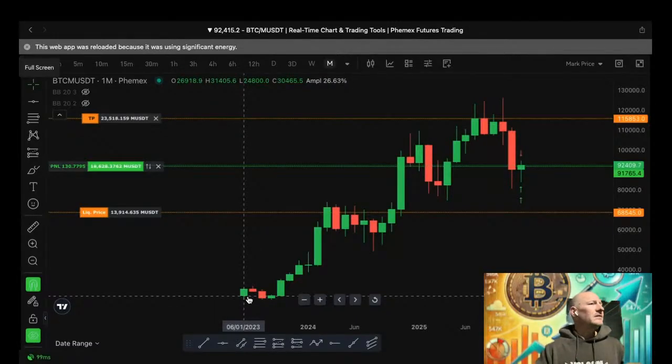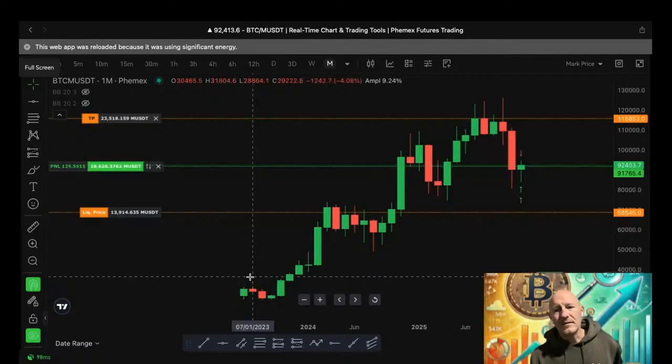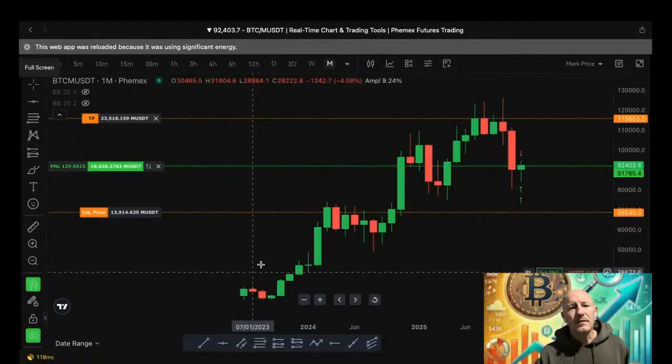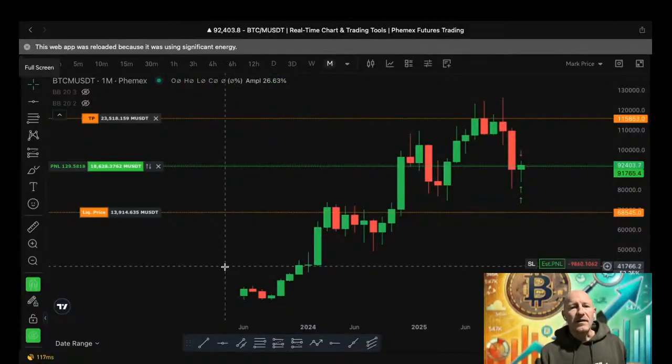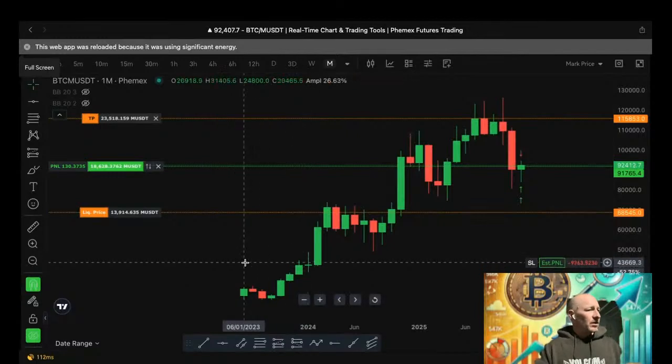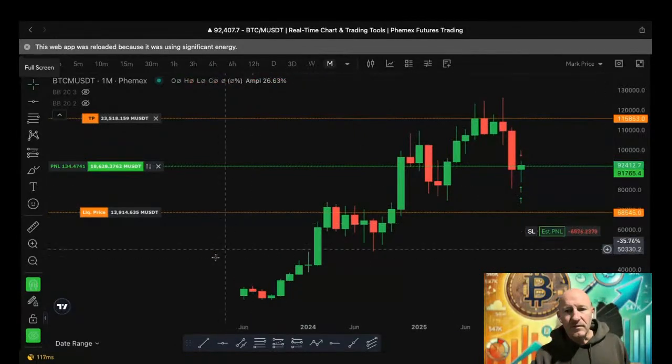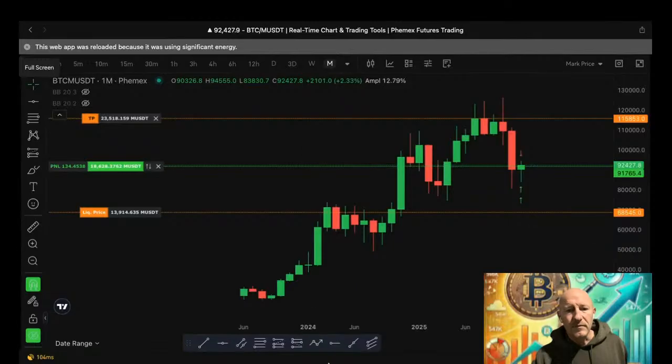What in the world? My Femex doesn't have enough data. So I'm gonna have to call Femex support and see why I don't have the rest of the chart on here. So let's go to TradingView, okay? And it'll show a better picture.